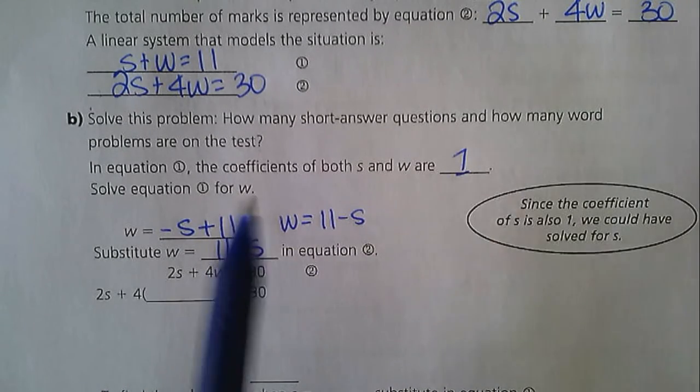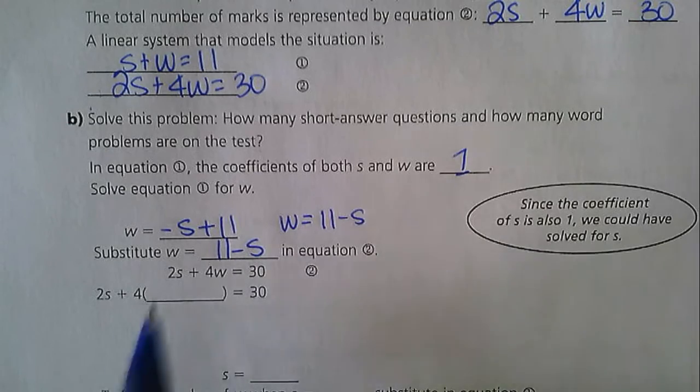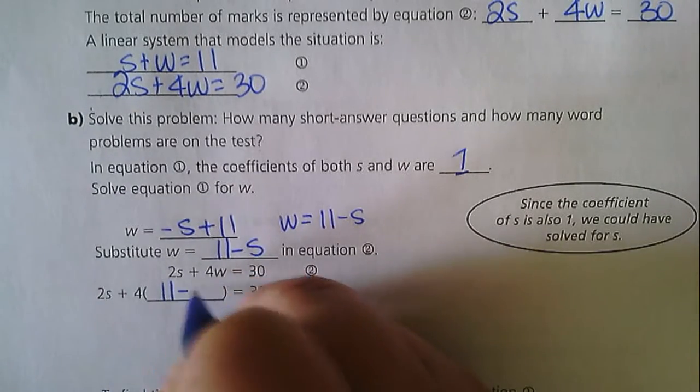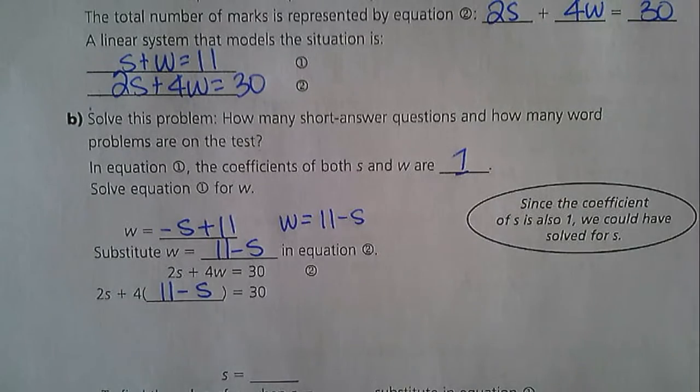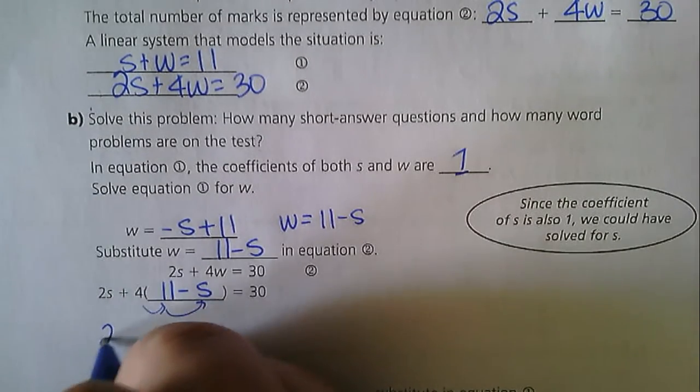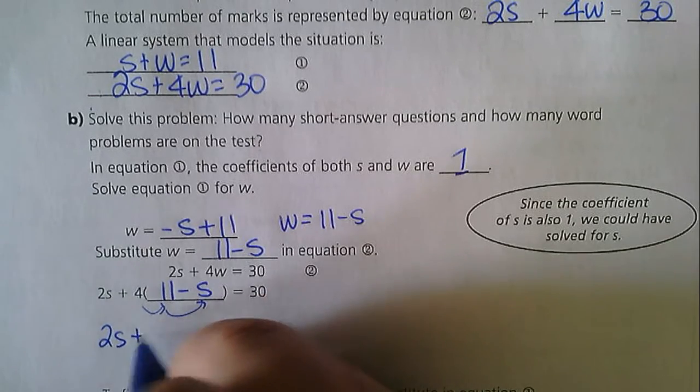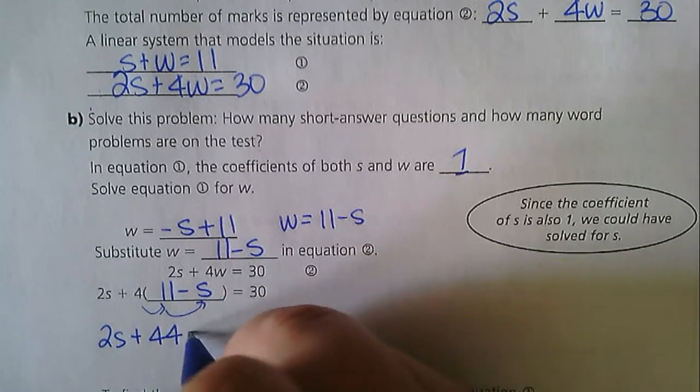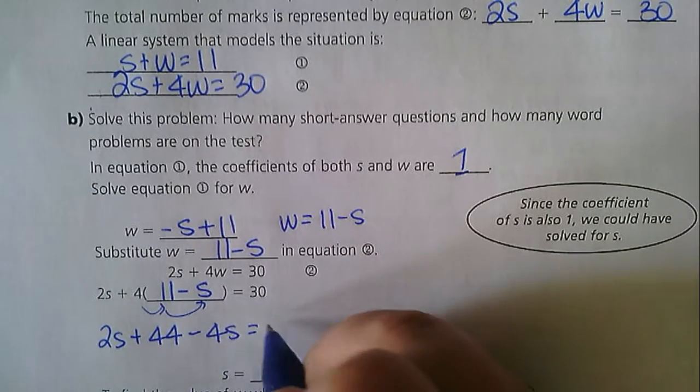So let's substitute now W equals 11 minus S into equation number 2. So wherever you see a W, we're going to put this instead. So 2S plus 4 times 11 minus S equals 30. Distributive property, remember that goes to both of these. 2S plus 44 minus 4S equals 30.